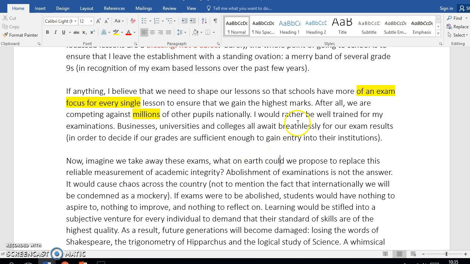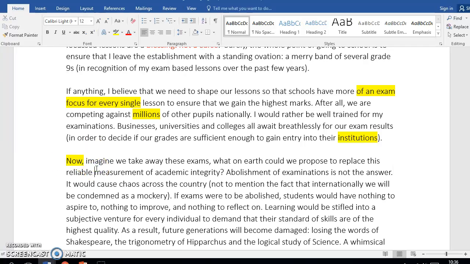You've got the personification of these establishments as well, "in order to decide if our grades are sufficient enough to gain entry into their institutions", and the advanced vocabulary there. Instead of just saying, oh, to let us go into the places, you've got "institutions" to describe those places. And obviously, if you want to create a sense of urgency, use time connectives.